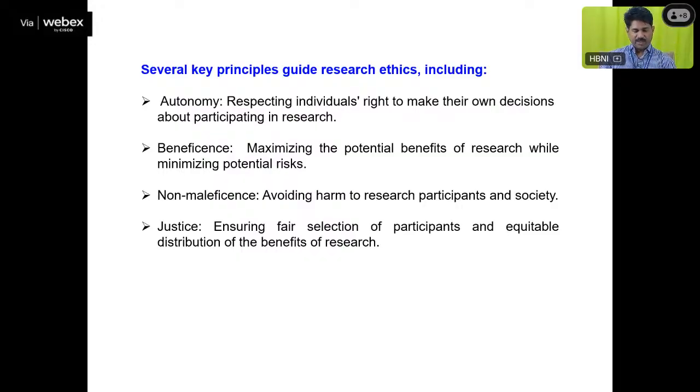The definition of autonomy is a person's right to make informed and voluntary decisions about whether to participate and how to withdraw from a research. Whenever we involve various individuals in research, in the beginning we have to clearly mention that this is the type of work we are doing, and we are going to have this type of information from you, which will be utilized for our research work.